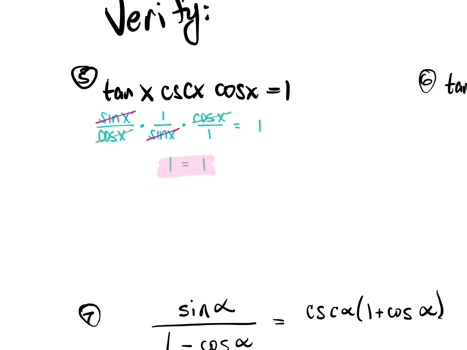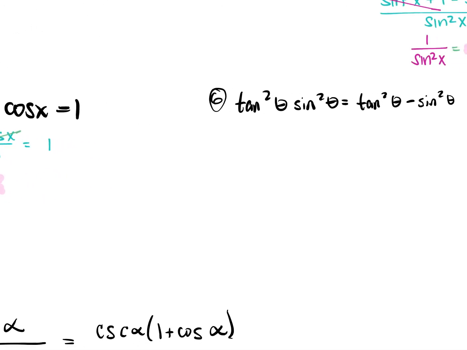For number 6, we are given tangent squared theta times sine squared theta is equal to tangent squared theta minus sine squared theta. There is a minus sign there on the right-hand side. Keep that in mind. Again, I don't want to work with tangent. I have sine in there. So I want to work with my simpler terms, so I'm going to turn the tangent into sine over cosine.